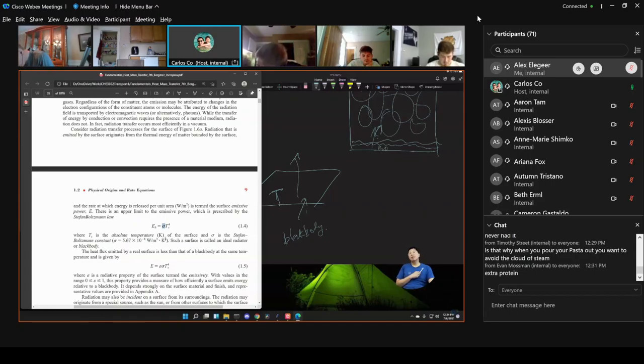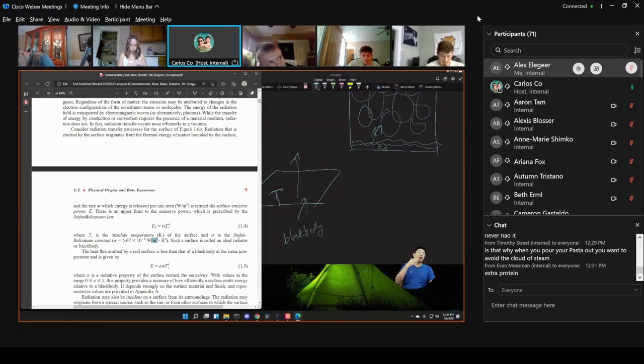Now you'll notice that the energy being radiated out per square meter, the power per area, that's the flux, goes with the temperature to the fourth power. And every time you have a temperature being raised to some power, it always has to be in kelvins, right?